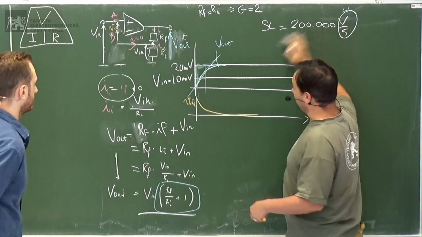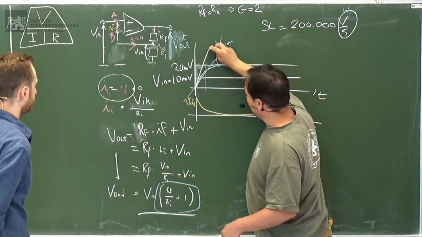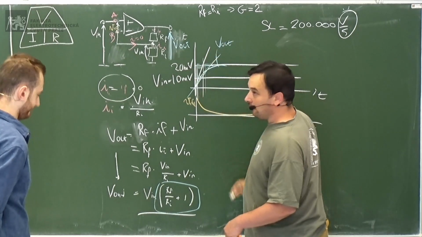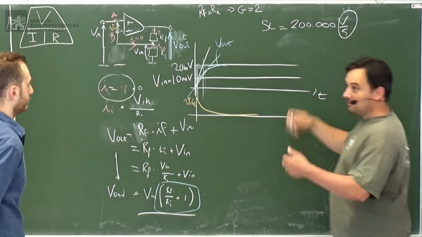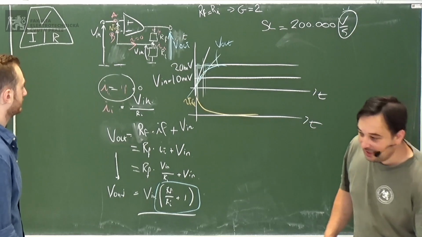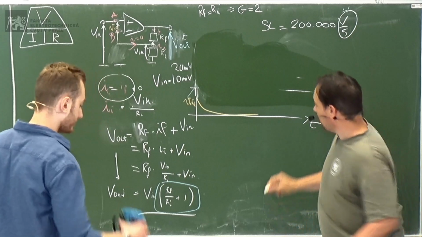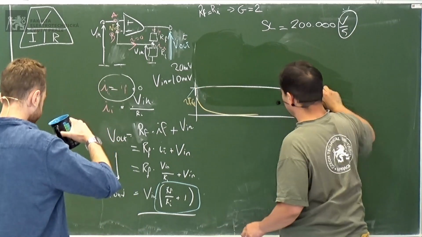The larger the slew rate, the larger the slope, because in the same second it rises more. Typically it's given in volts per microsecond, but now let's go back to our example.